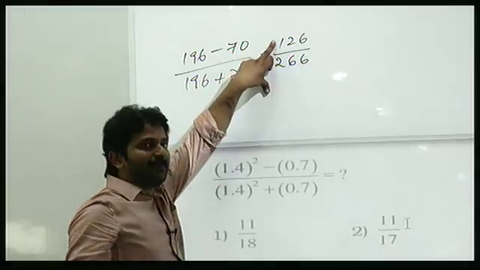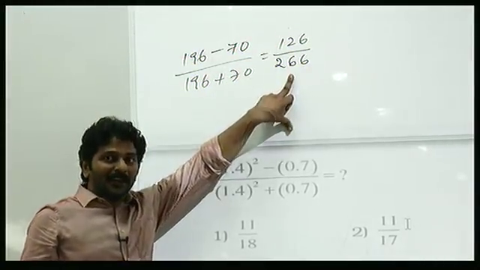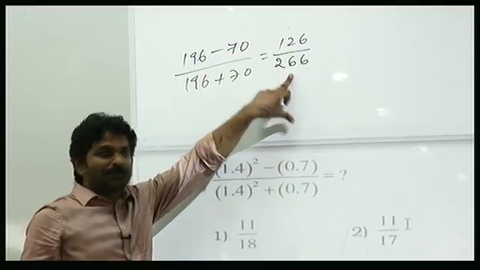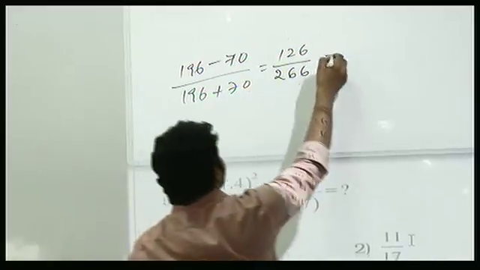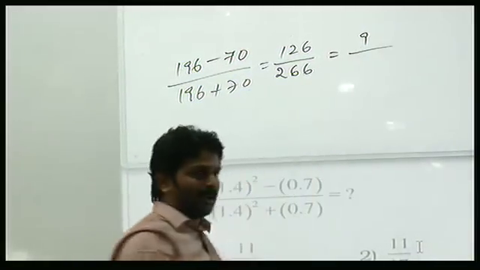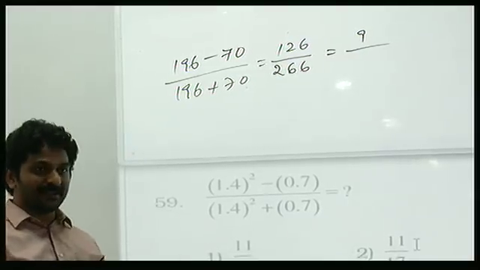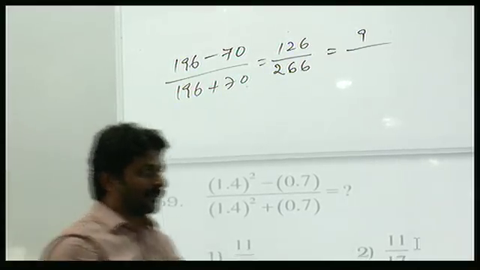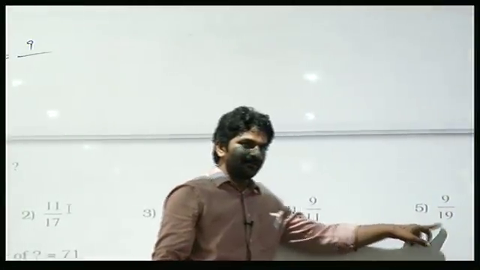Is your numerator 9 multiple? Is your denominator 9 multiple? So 9 in numerator will be there forever. So your option should have 9 in numerator or 9 multiple in numerator. How many options are there? 2 options are there. Right. This is 9 and 11. This is 9 and 19.